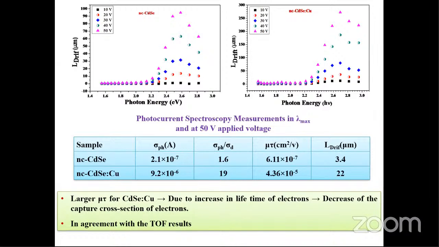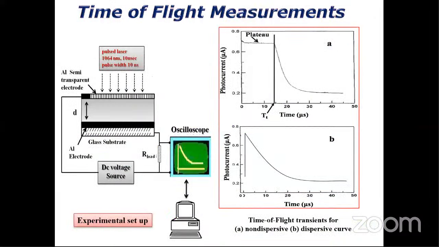So for that purpose you are supposed to verify your results with other techniques also. So we have designed and fabricated another experiment, that is the time of flight experiment, and I will show you that these results are in good agreement with that experiment.